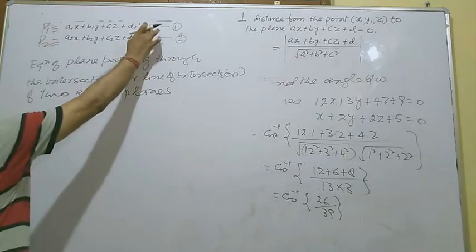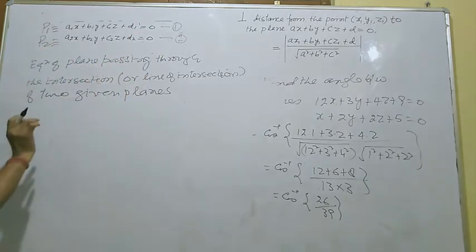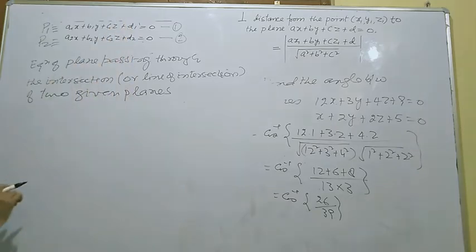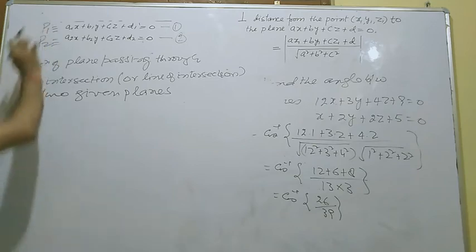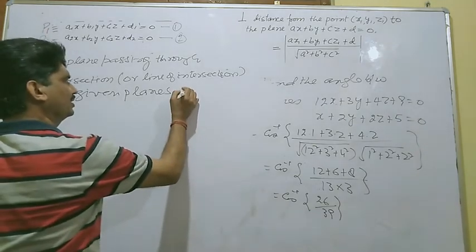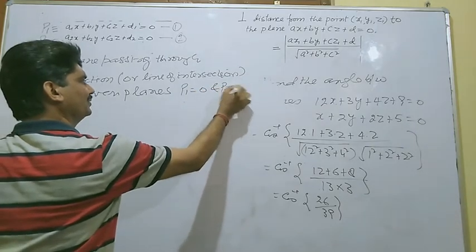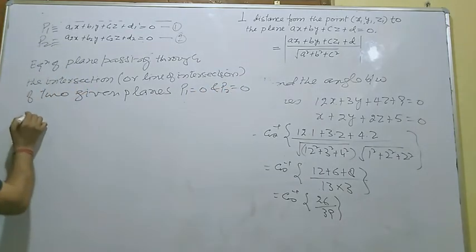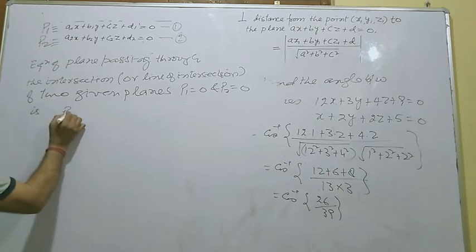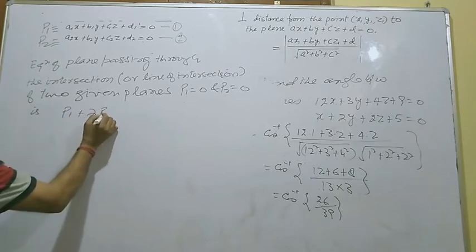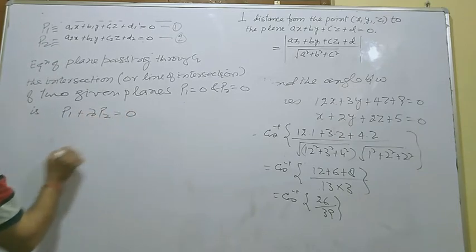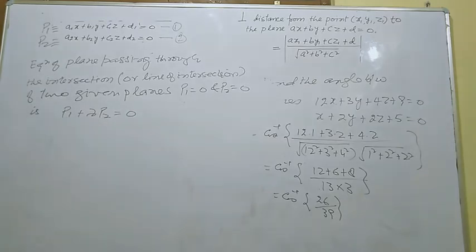If we write the right-hand side as 0 in both equations, and we assume P1 and P2, so in shortcut we write P1 equal to 0 and P2 equal to 0, then P1 plus lambda P2 equal to 0, where lambda is a scalar, a constant number.